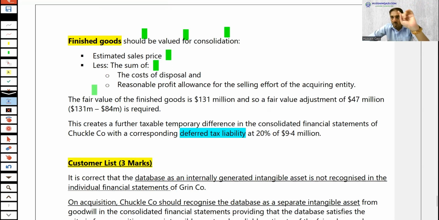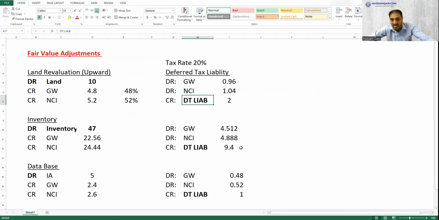But here the only thing given is the fair value of finished goods, so we will assume this fair value is actually the estimated sale price less all the costs. So fair value of finished goods is 131 million and the fair value adjustment is 47 million, because 131 minus 84 is 47 million.